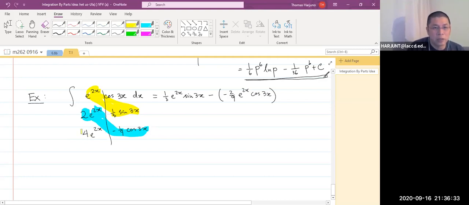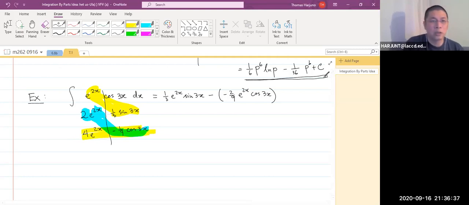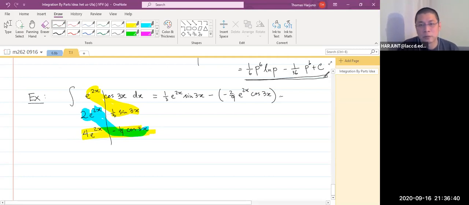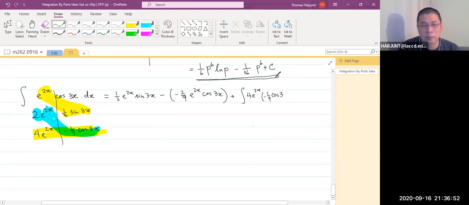Now the plus, right? But I go horizontally, so I have integral plus integral of 4e to the 2x times negative 1/9 cosine 3x dx.